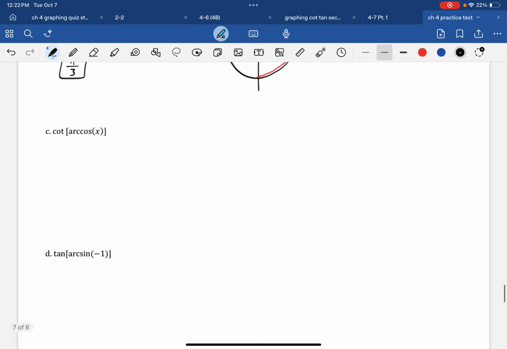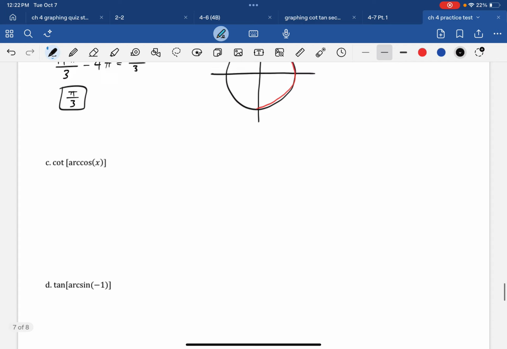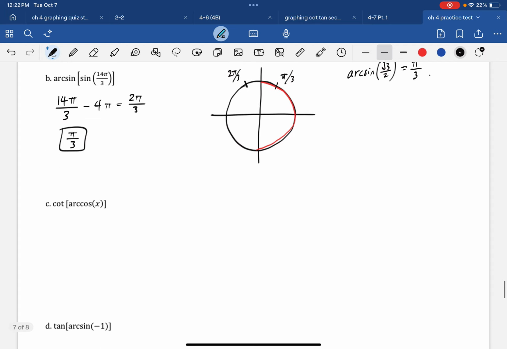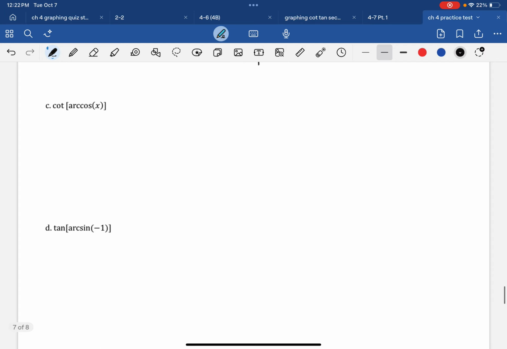Next, we have cotangent of arccosine of x. So we simply draw the triangle. We're looking for a value of theta such that cosine theta equals x.